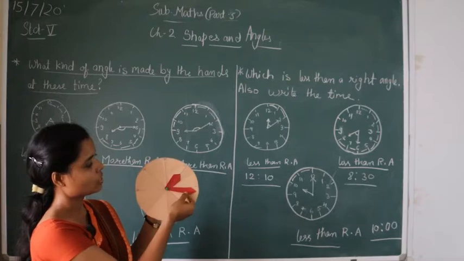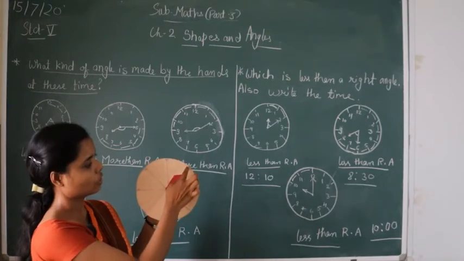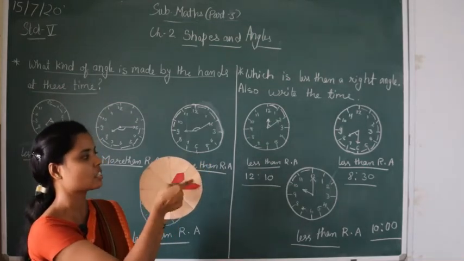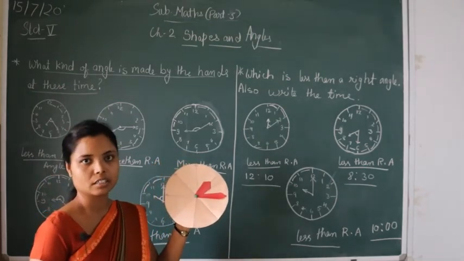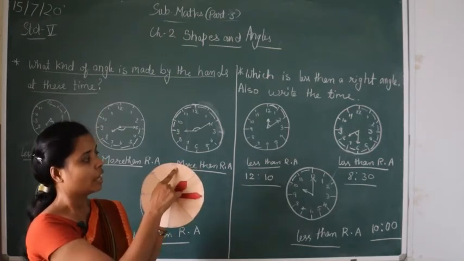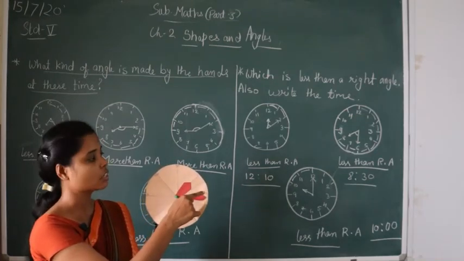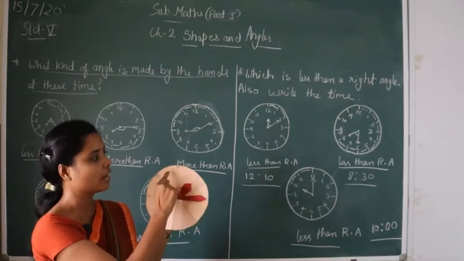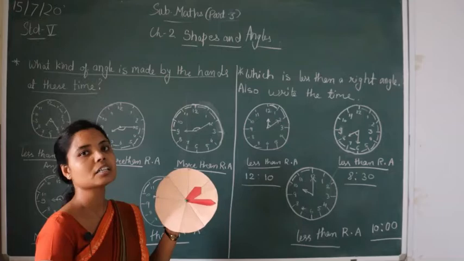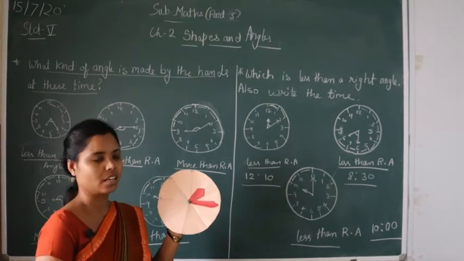So this is a 45-degree angle. We can simply say that this is half of a right angle. Any angle which is more than 0 and less than 90 is an acute angle. We can simply say less-than angles.